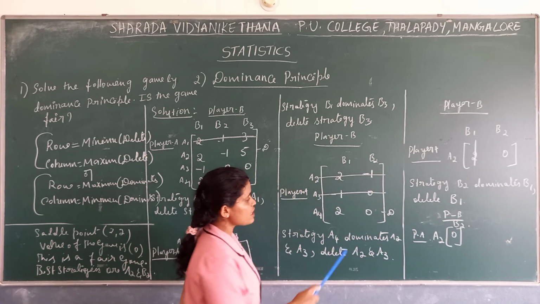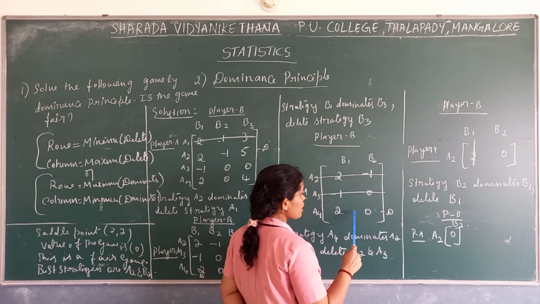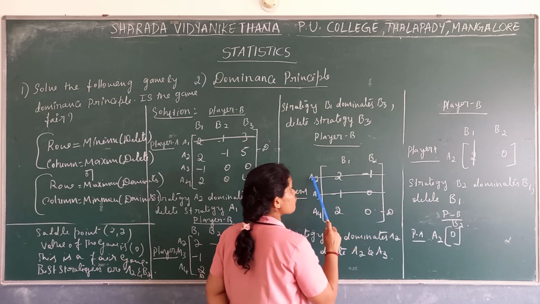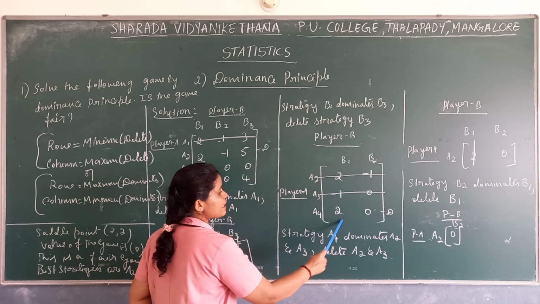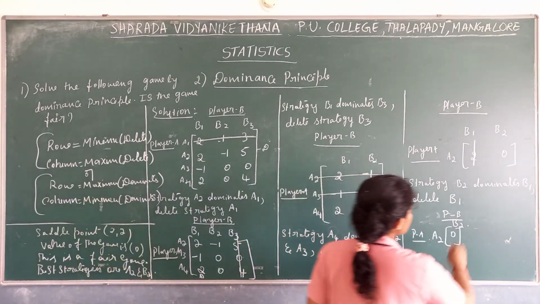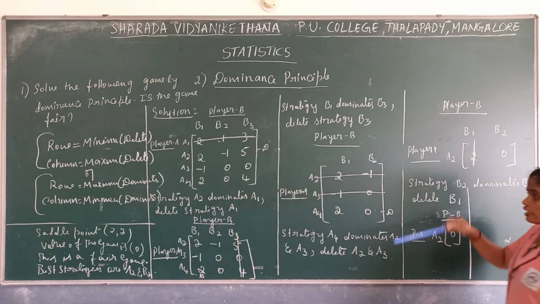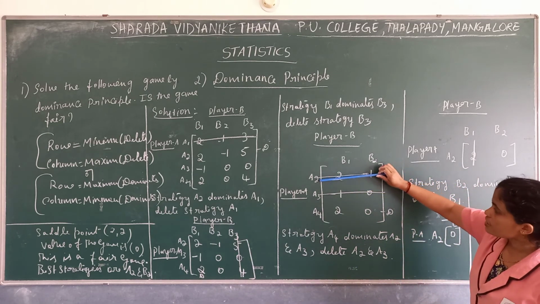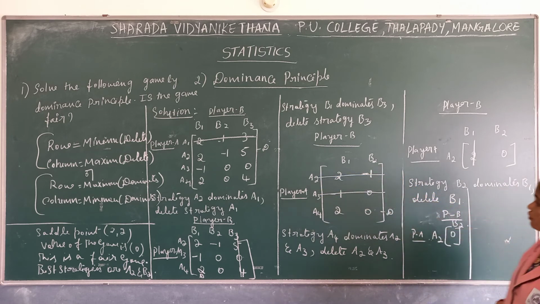Now once again we are checking whether this row dominates any other row, or else after striking out this one, directly with this you can go to the next step also. What happens if you go without striking two rows, with only striking of one row? If you go further, you get 1 0 2 0.